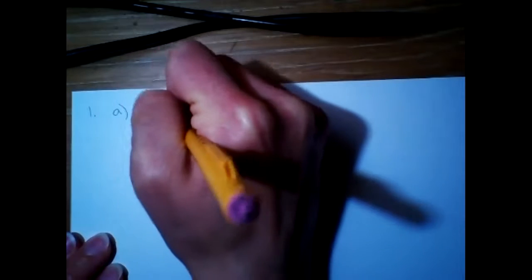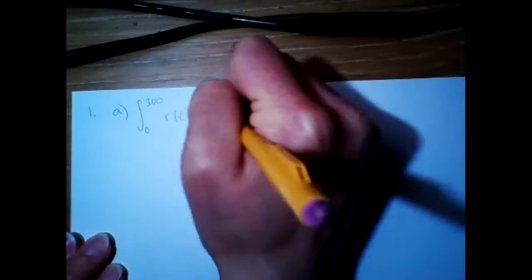Letter A says, how many people enter the line from 0 to 300 seconds? We just want to accumulate people from 0 to 300, R of t dt. That's easy enough. What's tricky is typing it in the calculator because the function is so nasty.